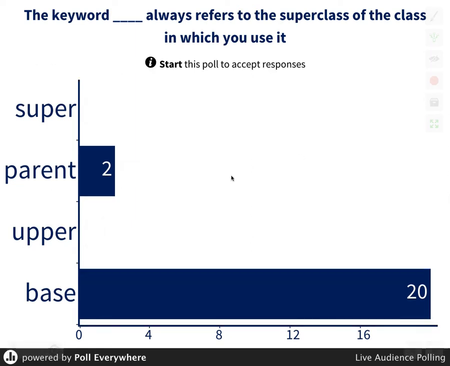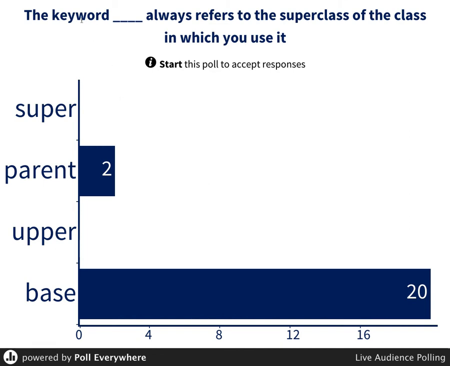All right. Even though I sometimes refer to the base class as parent or super when I talk about inheritance or object-oriented programming, in the language itself the keyword is base. That's the key part of the question.